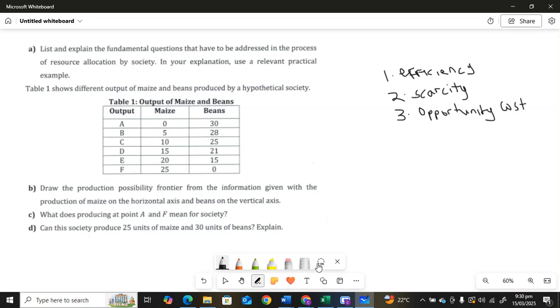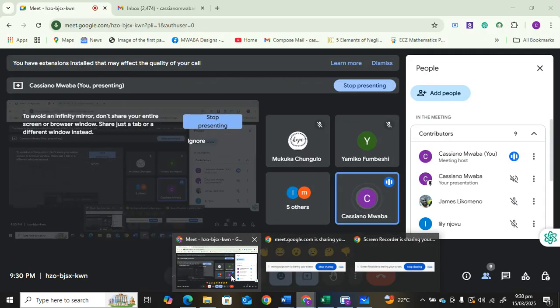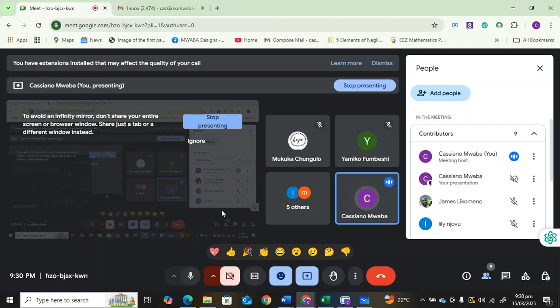An opportunity cost simply is what you give up whenever you make a choice. Basically, the value of the thing that you've given up whenever you make a decision.